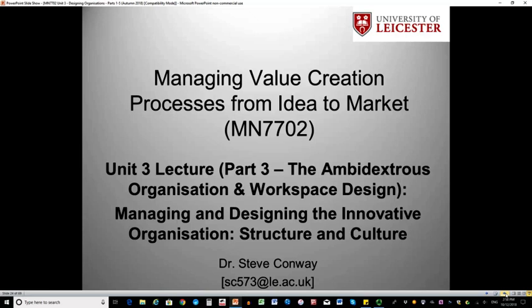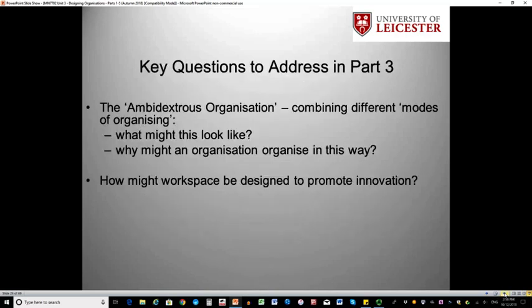I'm going to talk a little bit now about ambidextrous organisations and workspace design. This is a bit of a shorter section now, and I'll cover these 2 topics which are linked into structure and culture. So the key questions are: what is an ambidextrous organisation?